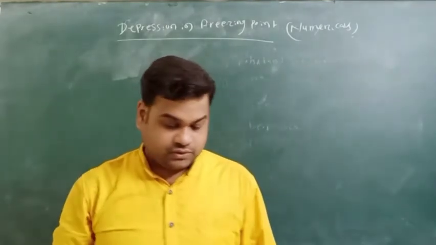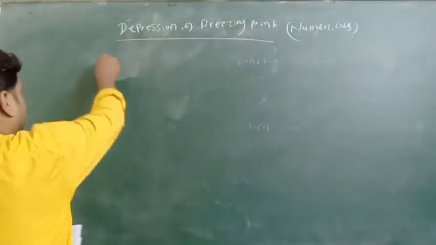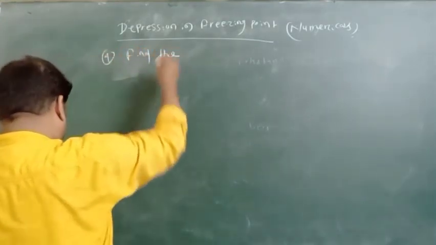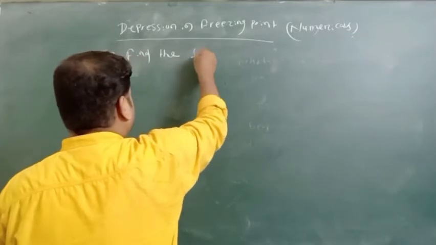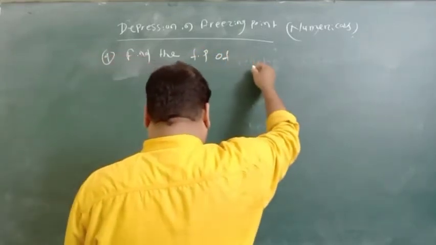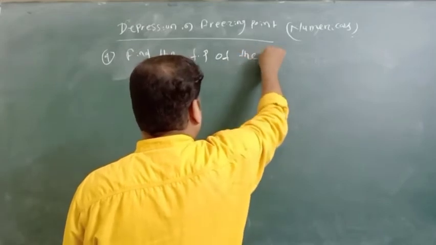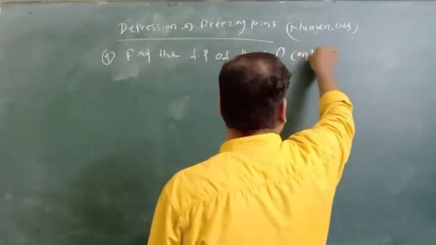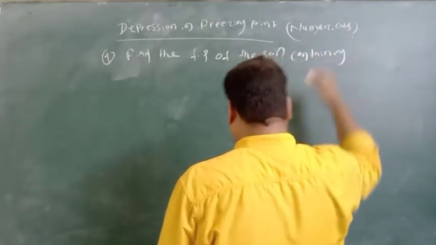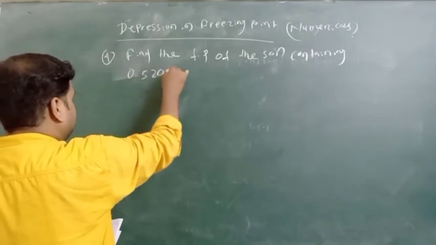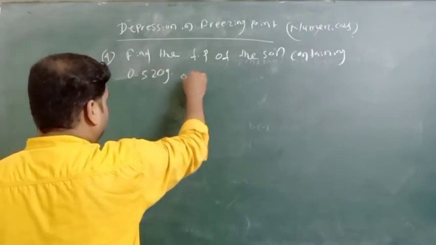Okay, so we will write the question. Find the freezing point, I am writing Fp, freezing point of the solution containing 0.520 grams of glucose.